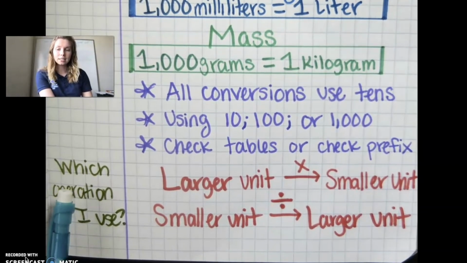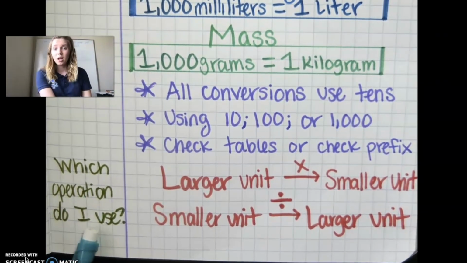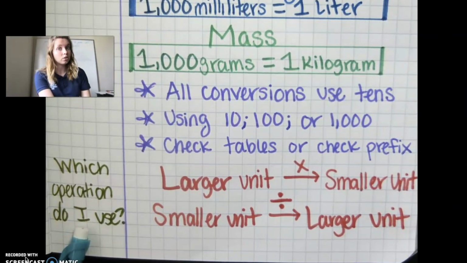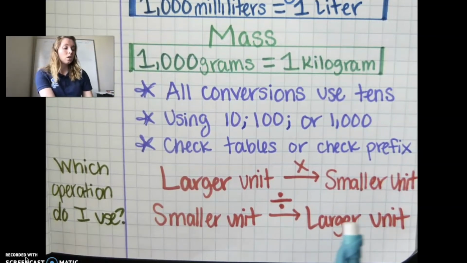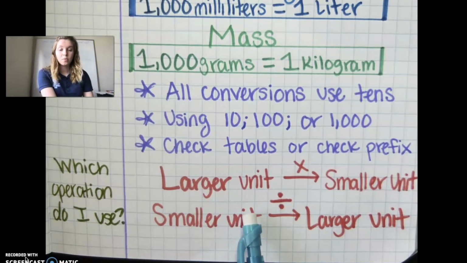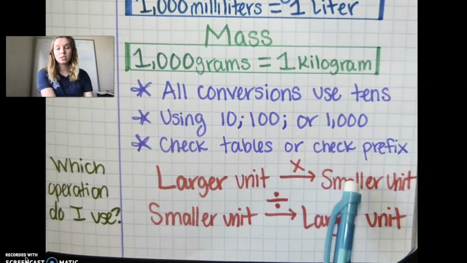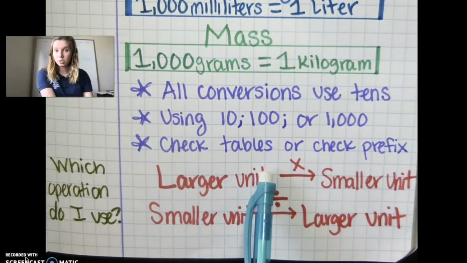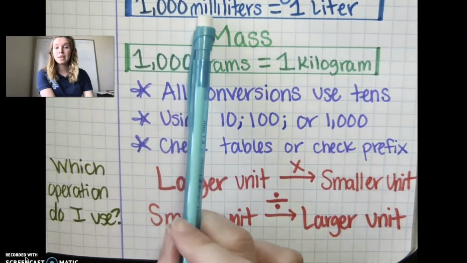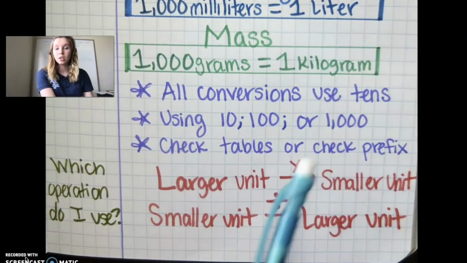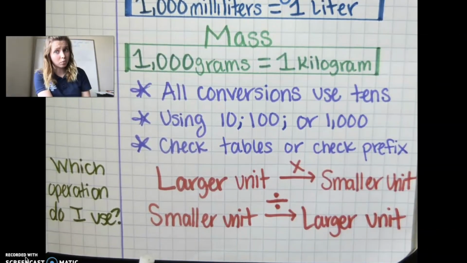The last thing is, which operation do I use? You can use multiplying or dividing, but you need to know which one you're using at the right time. Here's how you figure that out. If you're going from a larger unit converting to a smaller unit, you need to multiply. So if we're going from milliliters to liters, that's not multiplying.